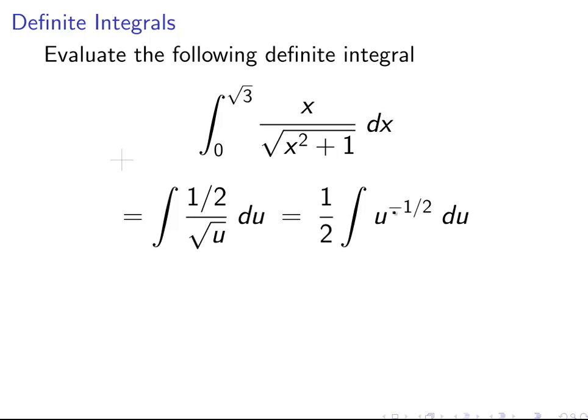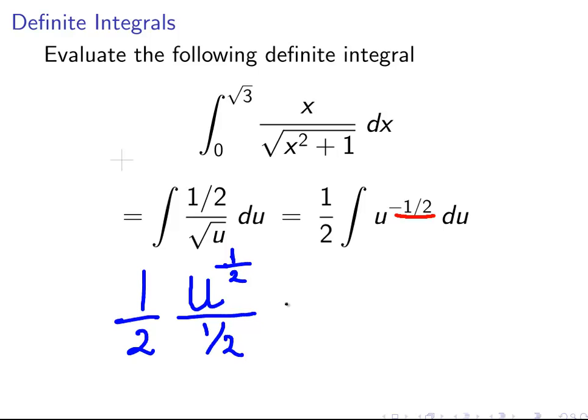So the integral of u to the power of minus 1/2. This is the key thing here: we add 1 to the power, so minus 1/2 plus 1 gives us u to the power of 1/2, and we also divide by that new power. Now we bring in the 1/2 and the coefficient of integration.